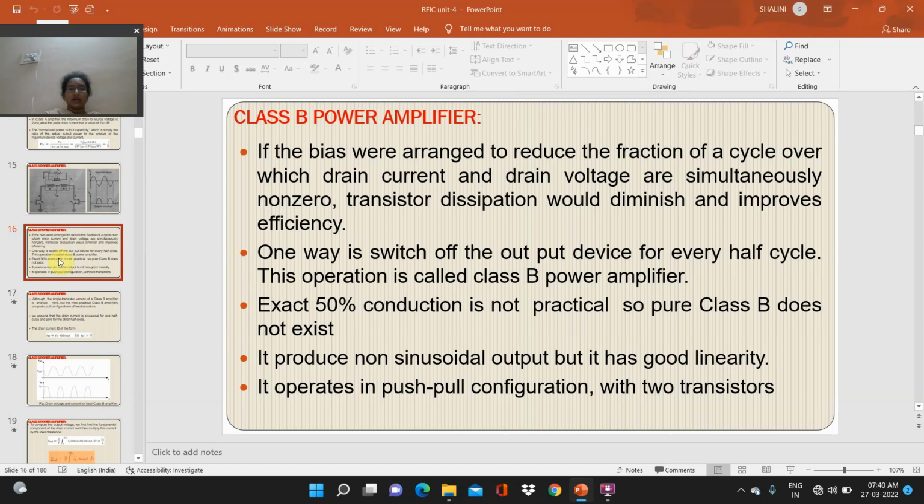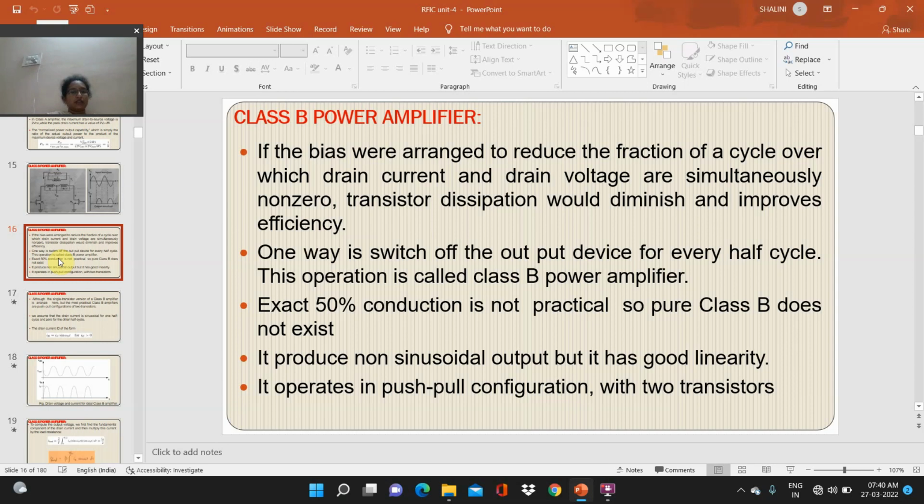If the bias were arranged to reduce the fraction of a cycle over which drain current and drain voltage are simultaneously non-zero, transistor dissipation would diminish and improve efficiency. One way is to switch off the output device for every half cycle.